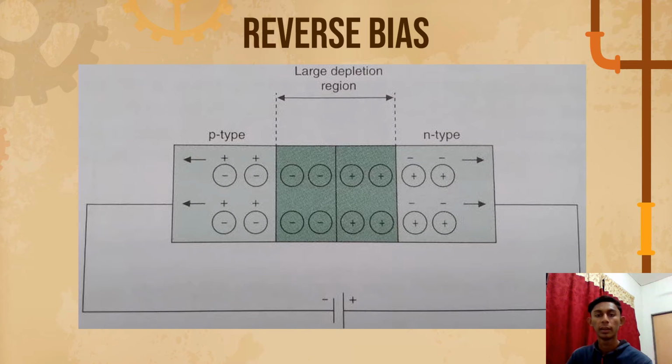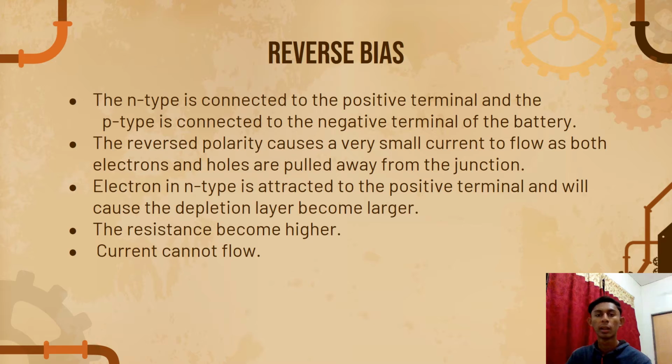This is an example of reverse bias. Reverse bias, the N-type is connected to the positive terminal and the P-type is connected to the negative terminal of the battery. The reverse polarity causes a very small current to flow, and pulls electrons and holes away from the junction.